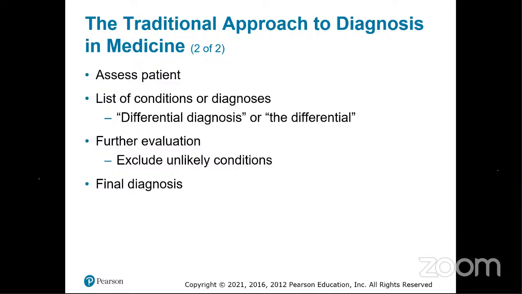Okay, well, let's look at this as an altered LOC. If I say somebody's got an altered LOC, they're not acting right, what are some things that we want to check? Blood glucose, right? Head injury. So my differential diagnosis is, okay, we either have a blood glucose problem, we could have a drug problem, we could have a medication problem, or we could have an injury.